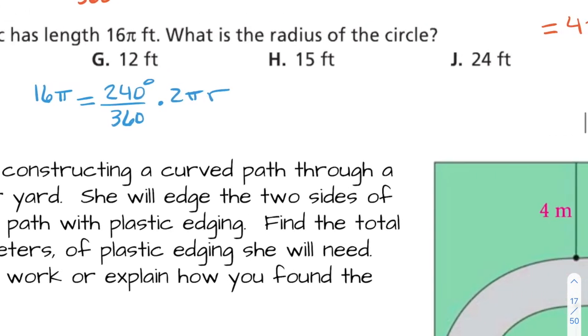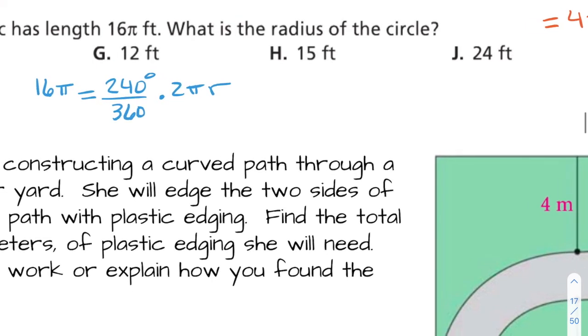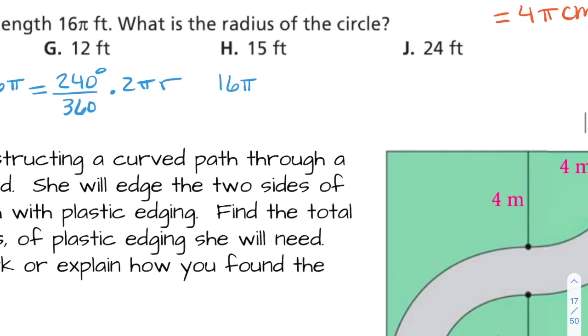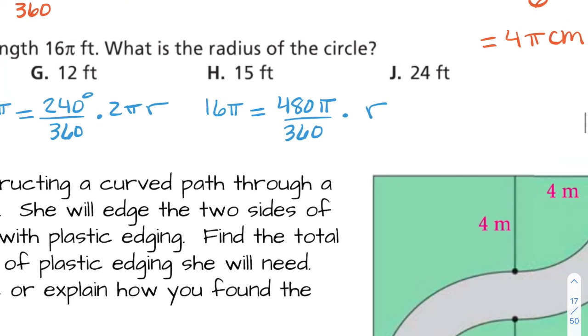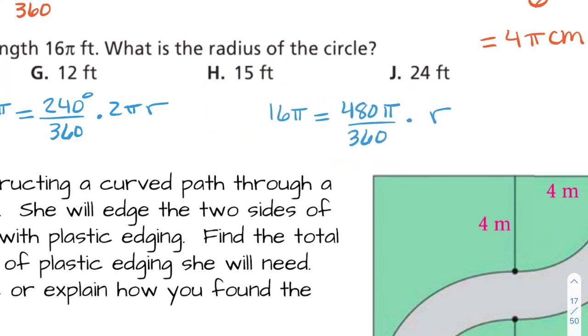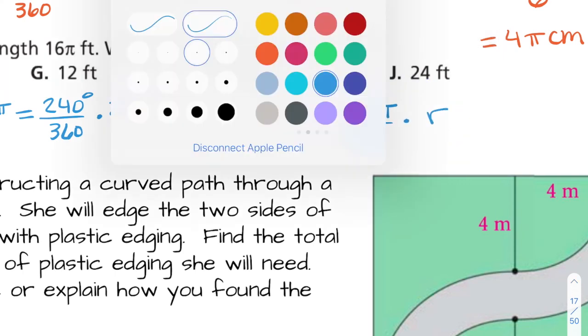Let's just do the math here. So let's do 2 pi times 240. So we're going to do 16 pi equals 480 pi over 360 times r, still in the numerator. And now to clean up both sides, I'm going to multiply both sides by its reciprocal.